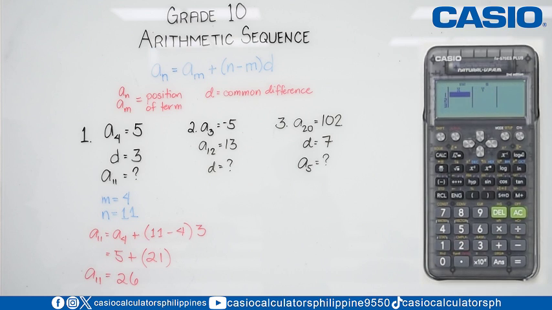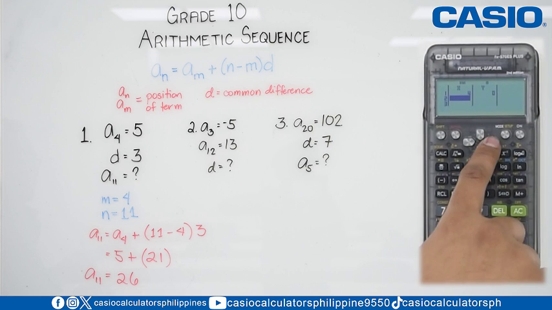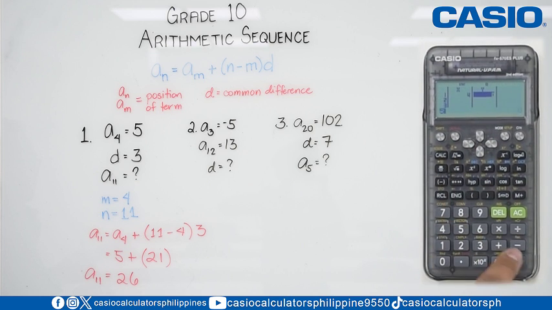How do we input our values here? For example, in number 1, we have a sub 4 equal to 5. We put 4 in the x value, and in the y value, we put 5. That will be a of 4, or a of x, is equal to y, which is 5.